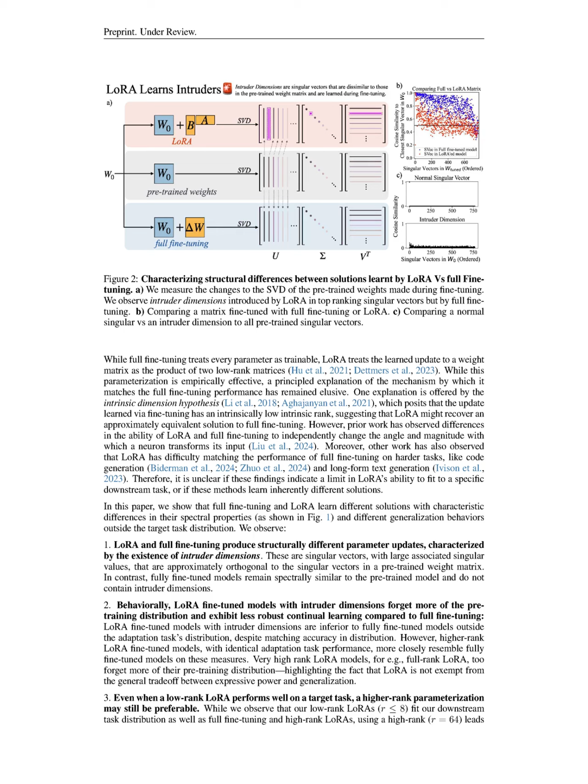This structural difference leads to behavioral discrepancies, as LoRA models with intruder dimensions tend to forget more of the pre-training distribution and exhibit less robust continual learning compared to fully fine-tuned models. Ultimately, while both methods can achieve similar performance on target tasks, the presence of intruder dimensions in LoRA models suggests a detrimental effect on their generalization capabilities outside the adaptation task distribution.